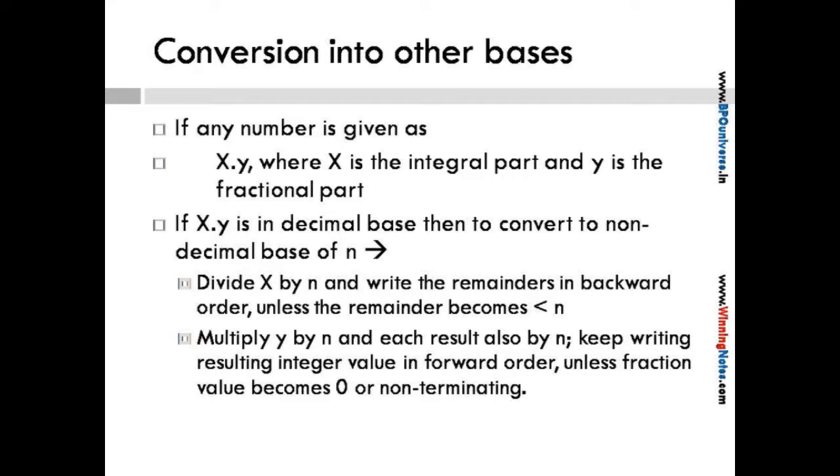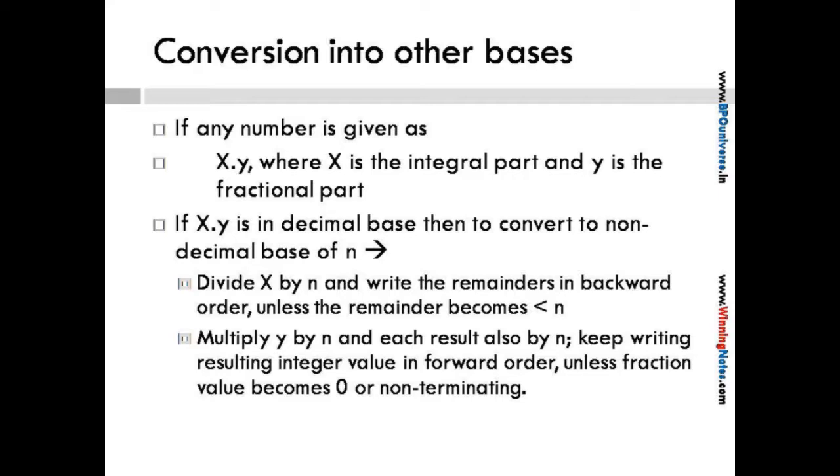Now in case x dot y is in a decimal base, let us see how we convert it into a non-decimal base. Because the number is in a decimal base, the digits can be 0 to 9 only. To convert this x dot y, you take x first, the integral part, and keep on dividing this integral part by the base n, which is the base of the non-decimal number system in which you want to convert it.